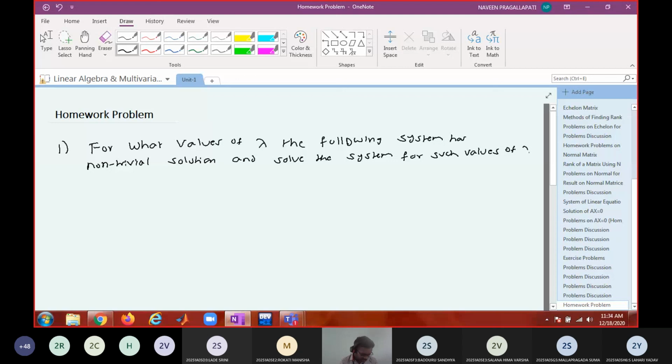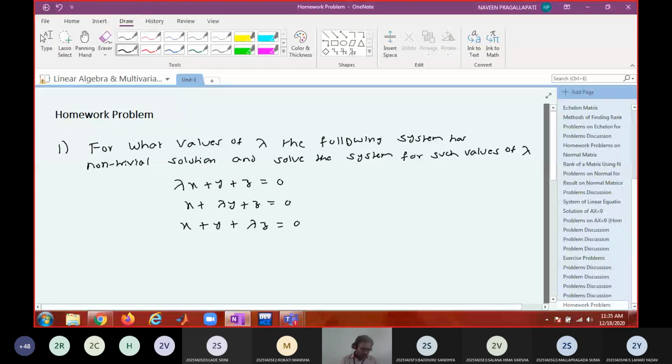The system of linear equations is this one: lambda x plus y plus z equal to 0, x plus lambda y plus z equal to 0, x plus y plus lambda z equal to 0.